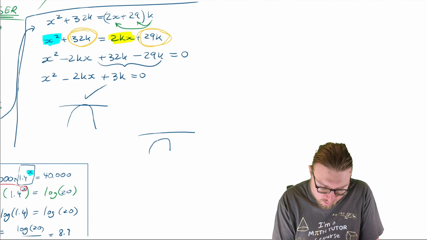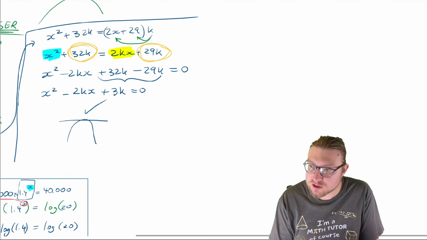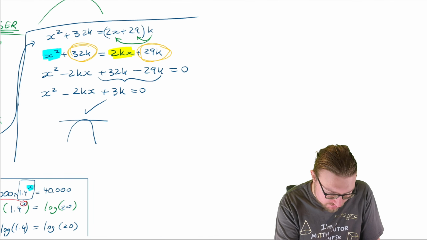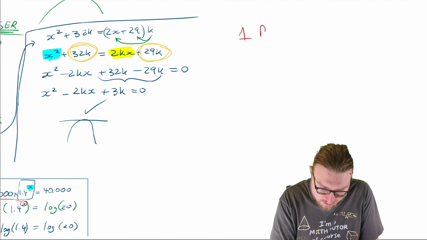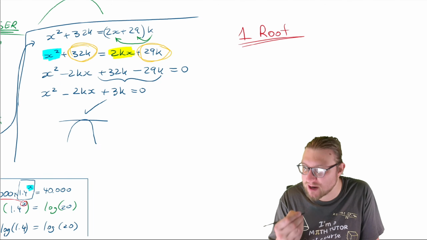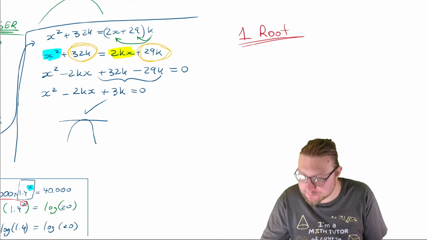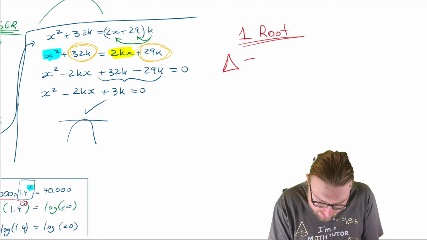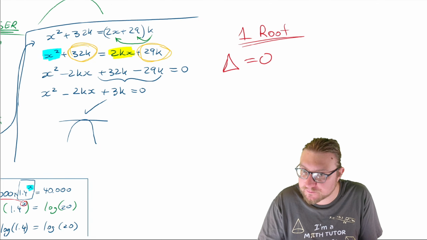We only have one point of intersection. So what was the concept that we talked about today that told us one intersection or one root, or well, one repeated root, the same one twice? That meant that the discriminant is equal to 0.